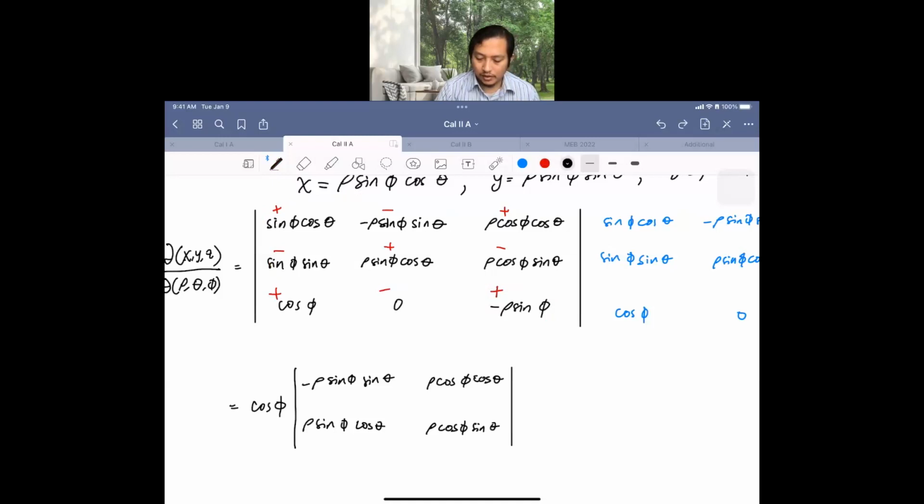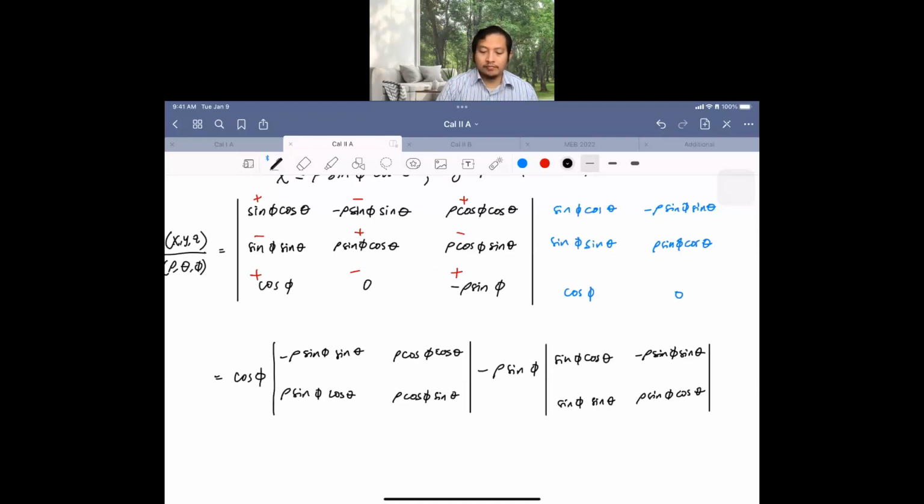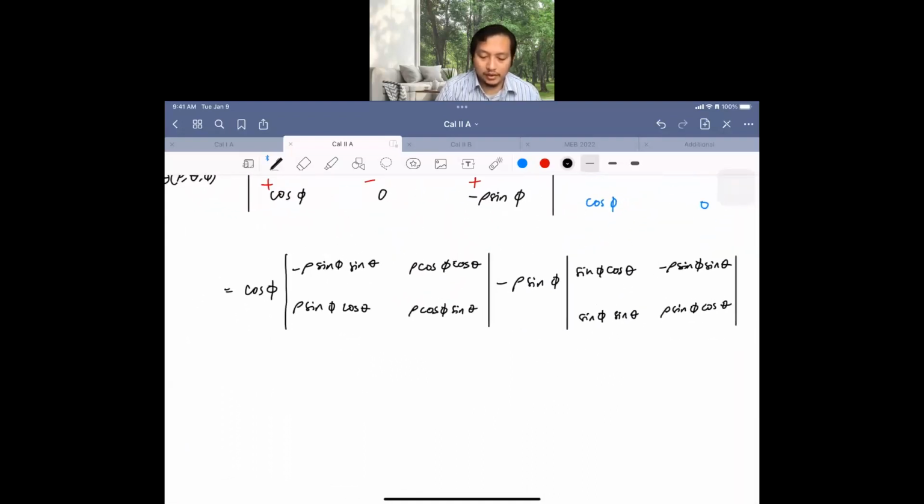So it's negative rho sine phi cosine theta sine phi sine theta. Okay, and then we solve this slowly, it takes time.